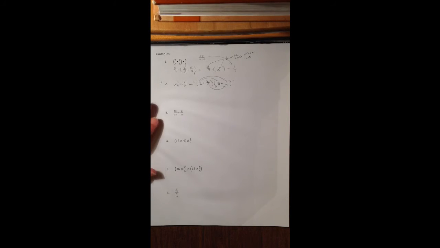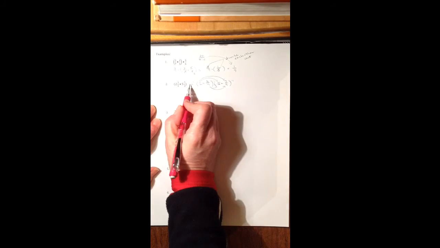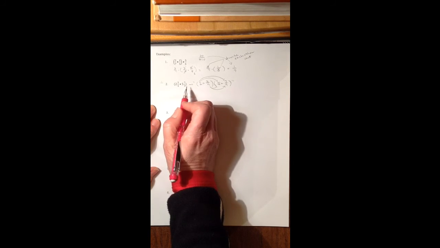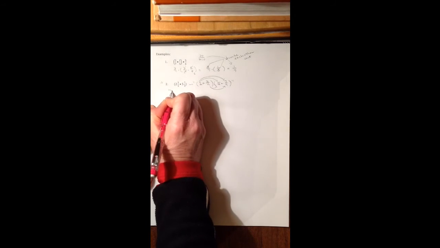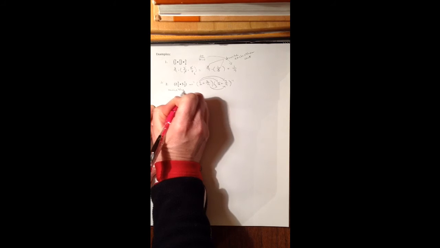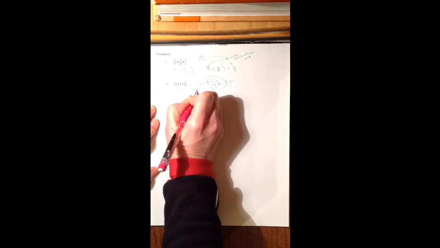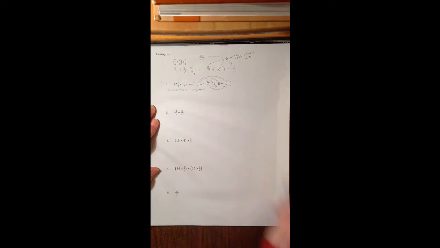And because of that, the best way to multiply mixed numbers is to make them improper. Now, we just went over the homework, and when we were adding mixed numbers, I didn't do that. I kept them as mixed numbers.